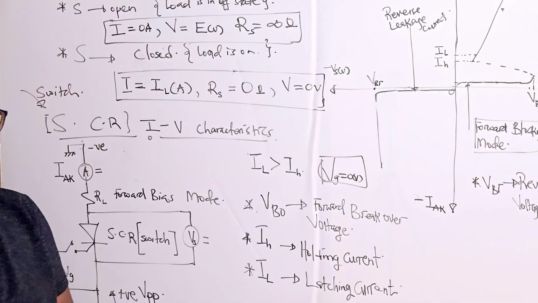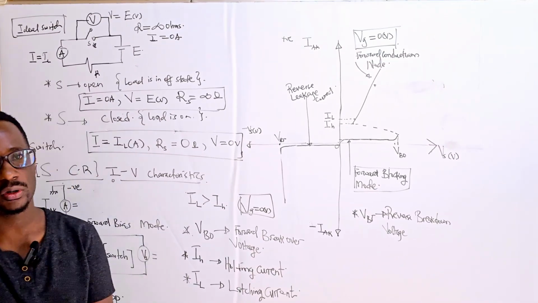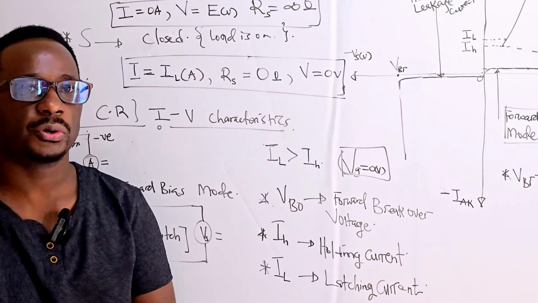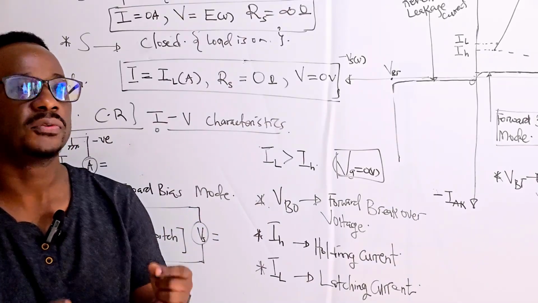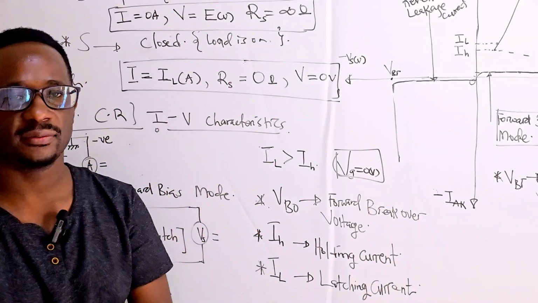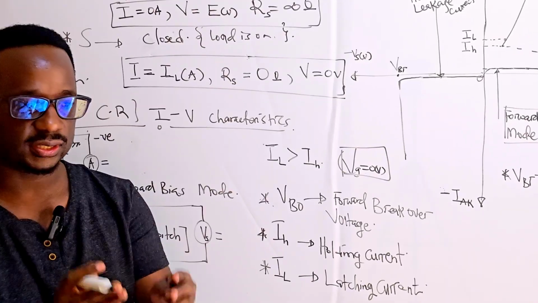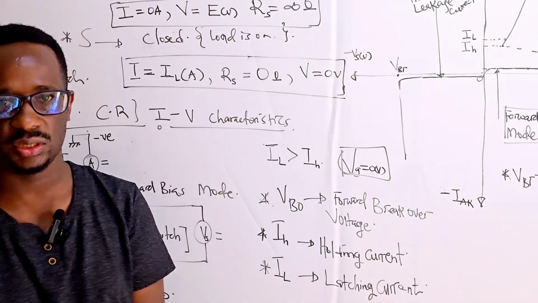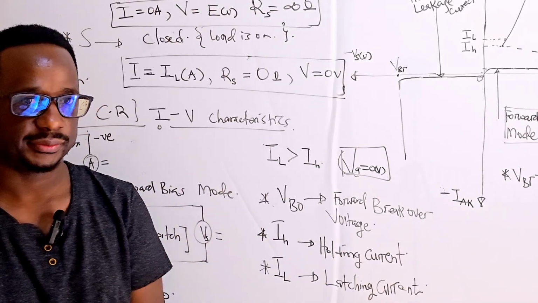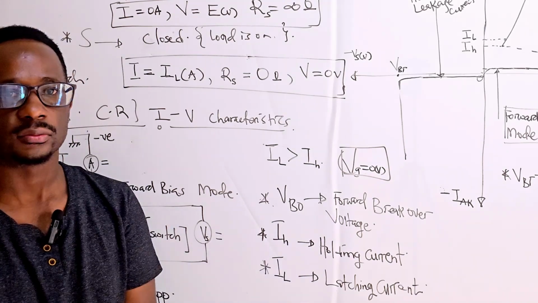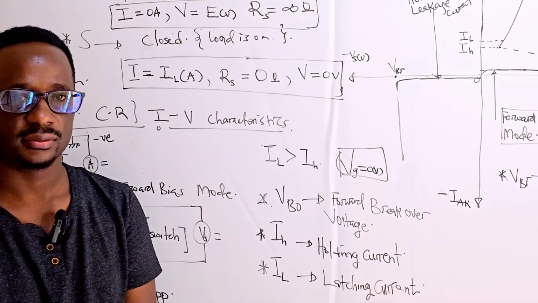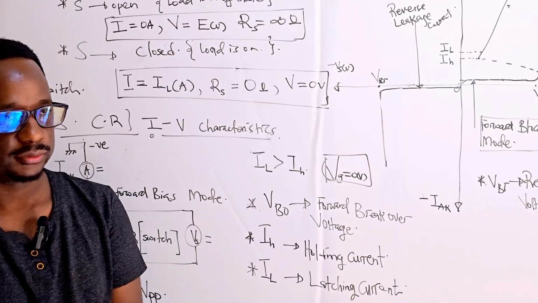We'll look at these things later on. When we are to select an SCR or a thyristor for a given application, we must watch out for the reverse supply voltage. Does it exceed the limits of the switch or not? In forward, does it exceed the limits or not?